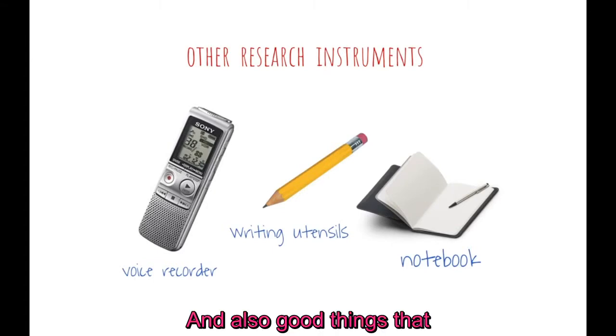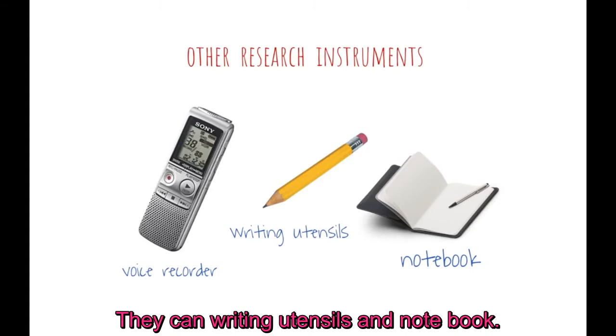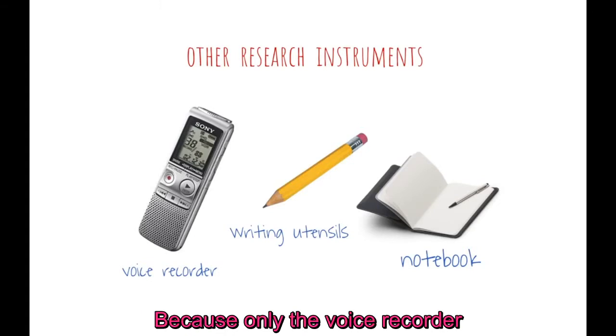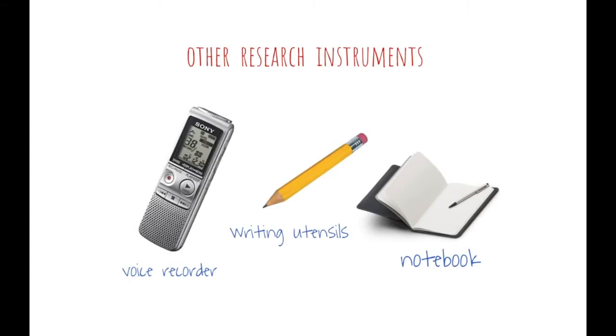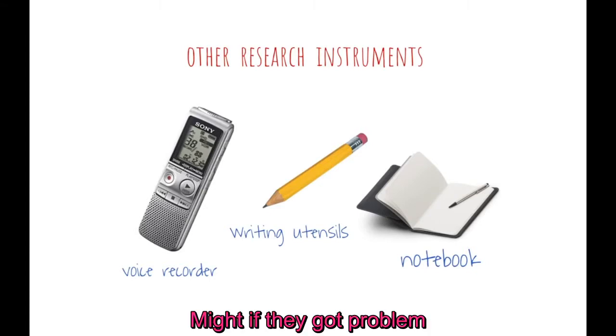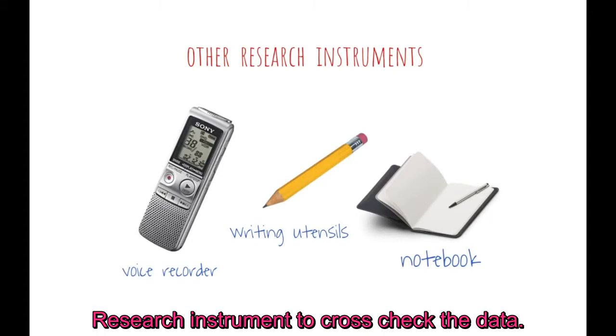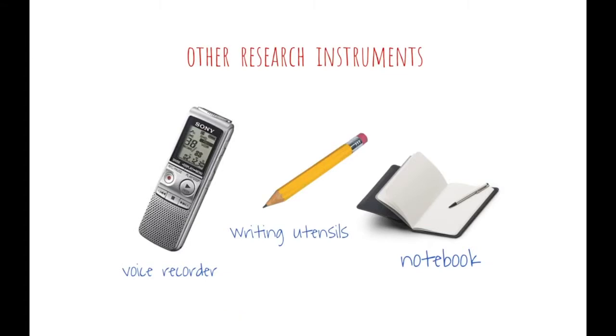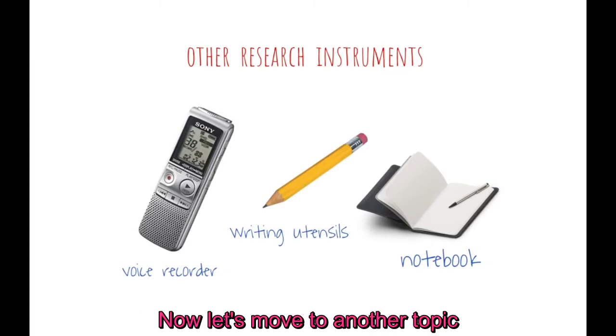Also, they cannot miss writing utensils and a notebook, because if the voice recorder has problems, they would need another research instrument to cross-check the data. So now let's move to another topic.